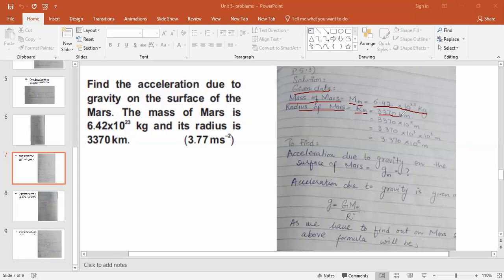Yes, Umair, what do you want to ask? Ma'am, I have a question: how did they find the radius of Earth or Mars? The radius of Earth we have calculated in the lectures, right? It is given in your book, and you have to memorize the radius of Earth.